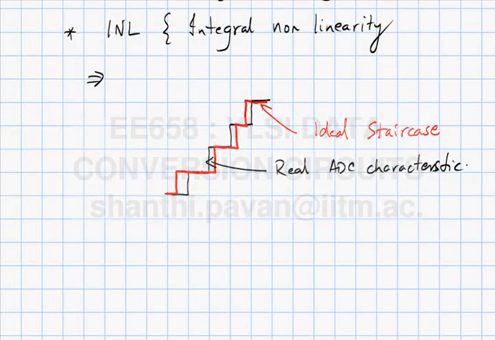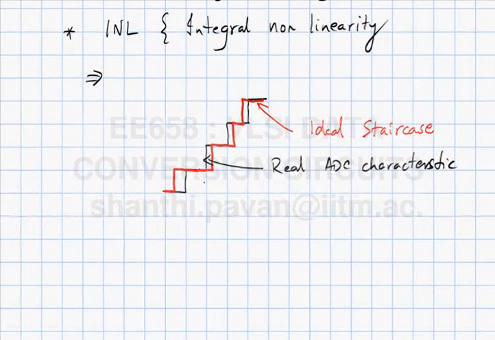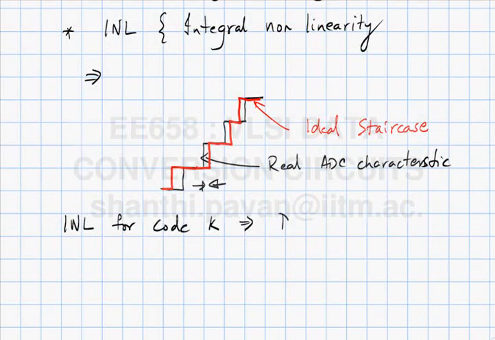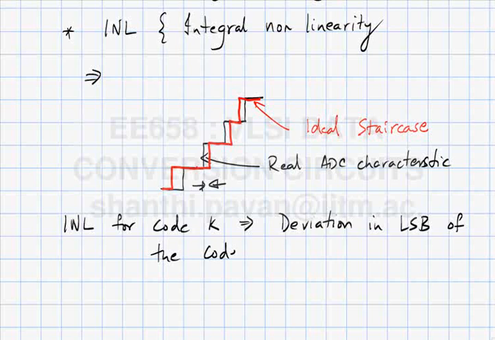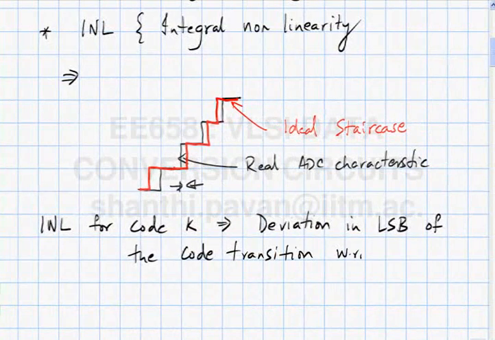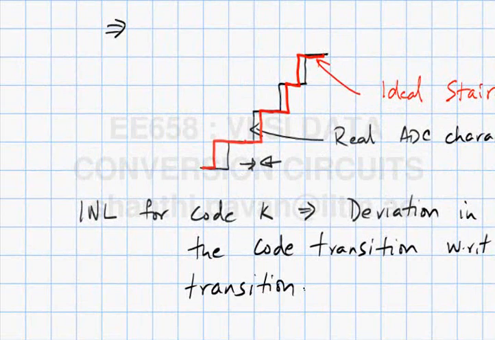The INL for a given code K is defined as the deviation in LSB of the code transition with respect to the ideal transition that you would expect. So if the red one coincides with the black one, then clearly the INL is 0, and any deviation will show up as non-zero INL.